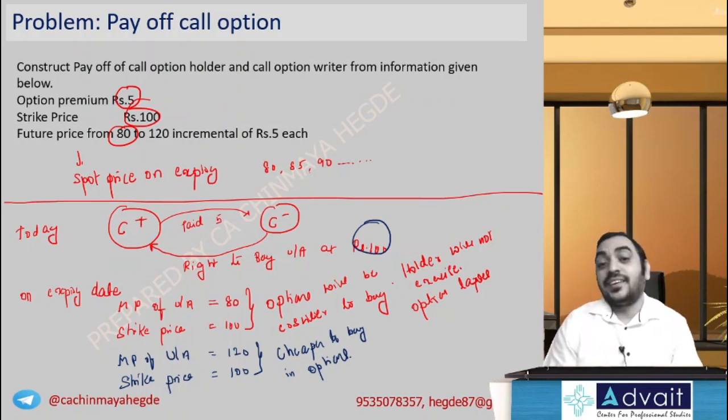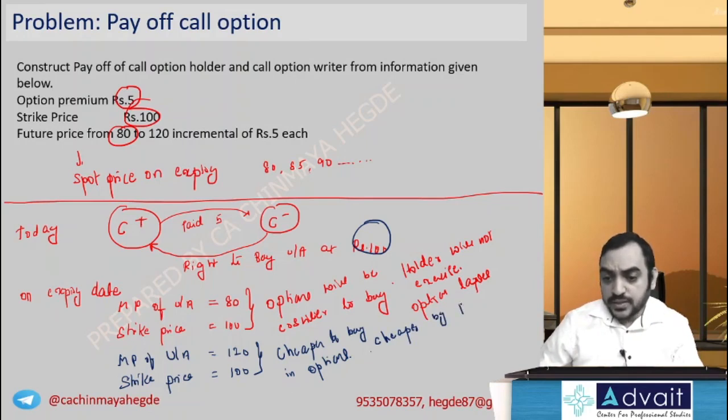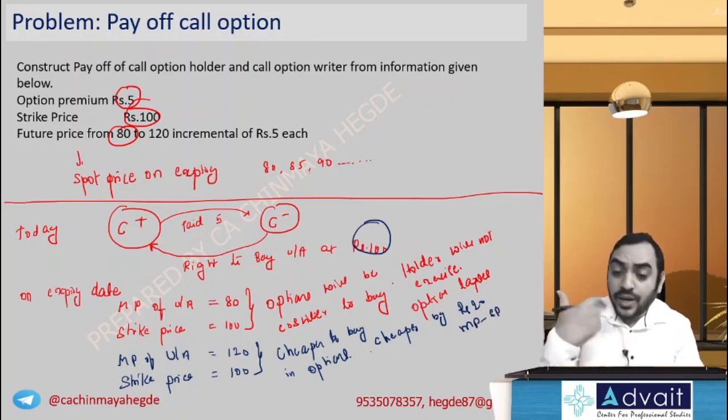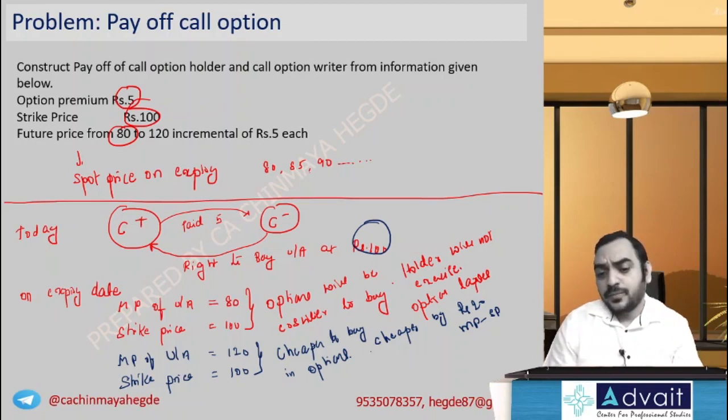That's what is called intrinsic value. Cheaper by 20 rupees. That is what? Market price minus strike price. Or another way you can also understand: you buy in the options at 100 rupees and go to the market and sell it at 120.